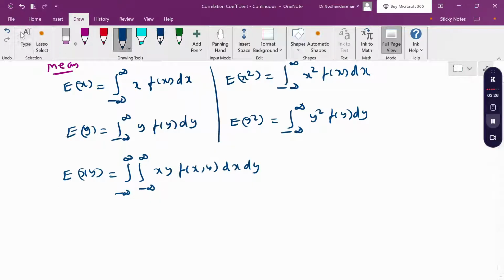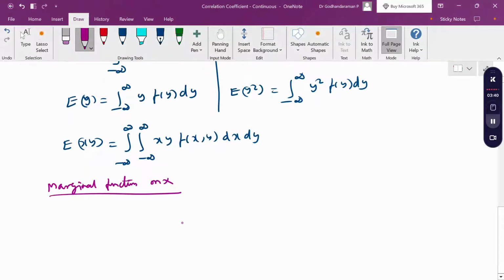And then the marginal function. The main role of the marginal function: when a two-dimensional random variable is given, we convert it into a single dimensional random variable. That is the main purpose of calculating the marginal functions. So the marginal function f of x is the integration over y from minus infinity to plus infinity of f of x comma y dy.